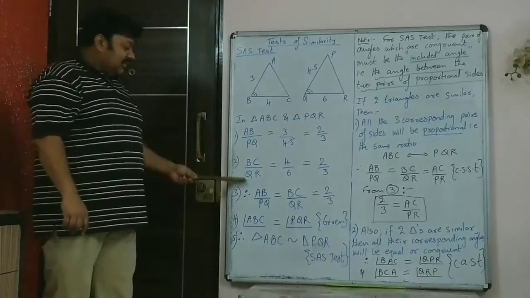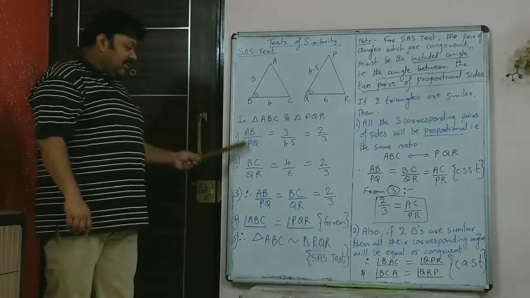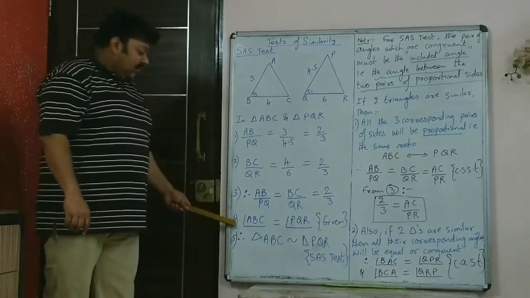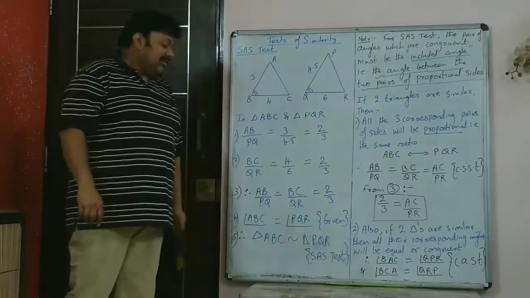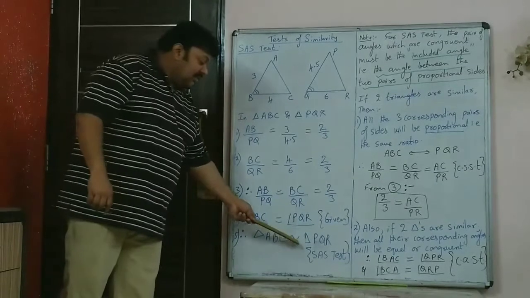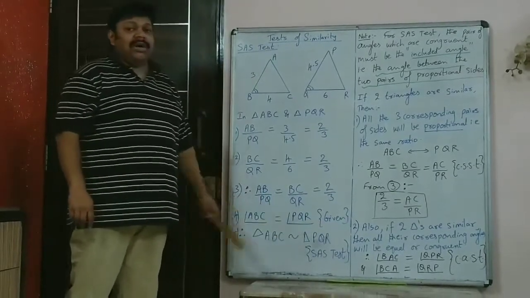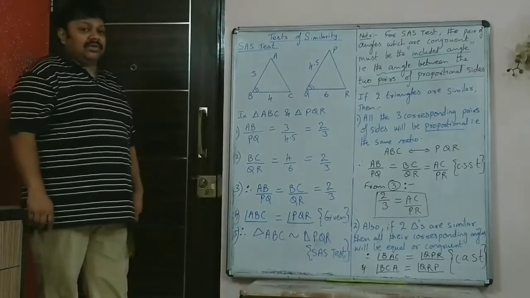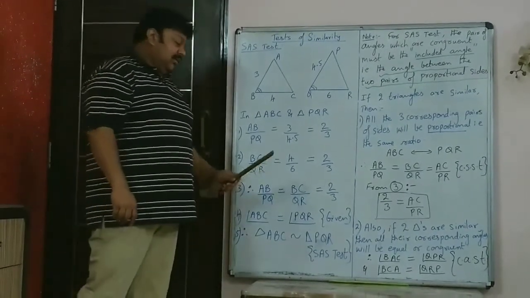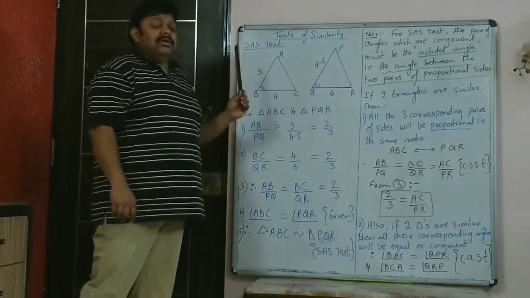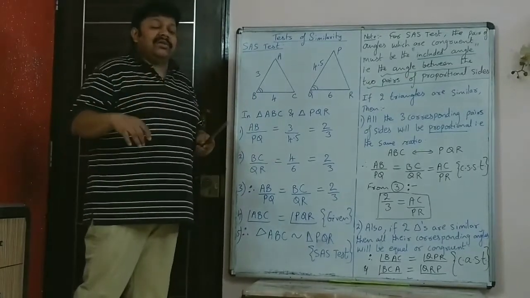So with these steps, from steps 3 and 4, you can say that triangle ABC is similar to triangle PQR by the SAS test. So this is the first test of similarity. Please remember that sides are not necessarily equal.